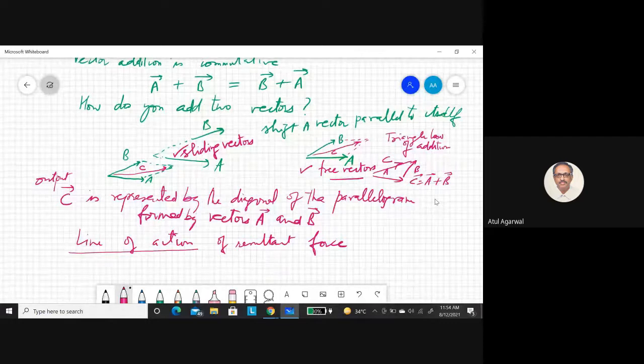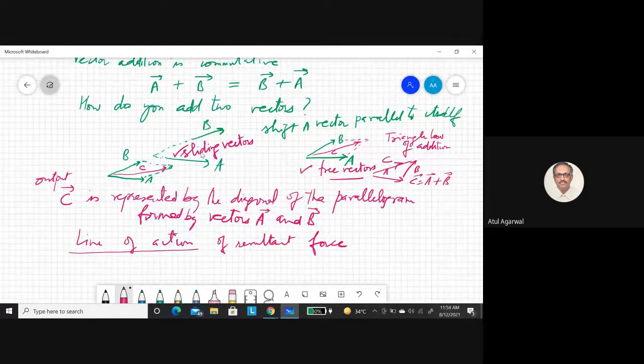In certain cases, we can allow translation of the vector parallel to itself. In that situation, those vectors are called free vectors. So they will not lose their physical meaning. But forces will lose their physical meaning if you do like this. But they don't mind if they are slid in certain situations.